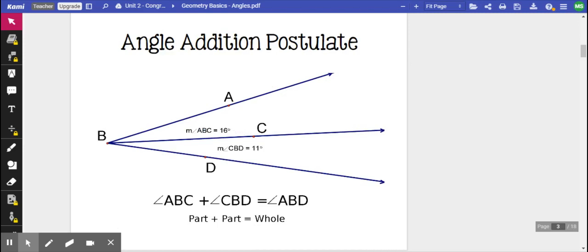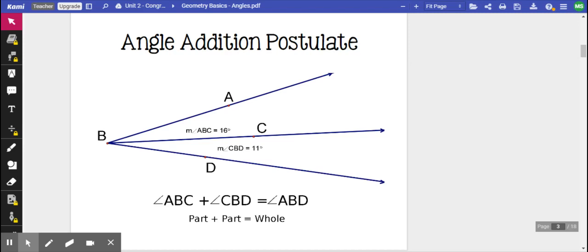Before we talk about this specific one, a postulate is something in geometry that is a known quantity, and it is not something you have to prove. It's accepted as being true. Specifically, this angle addition postulate is, as you can see at the bottom, we have a larger angle, which is angle ABD in front of us, and we have two smaller angles, ABC and CBD.